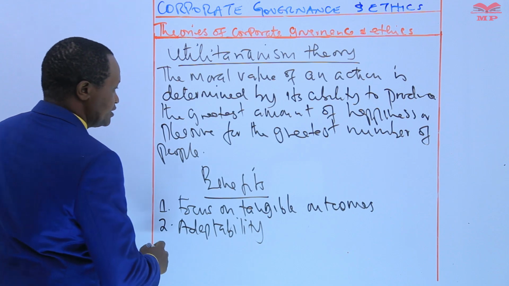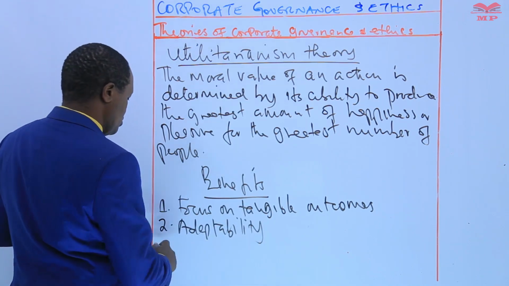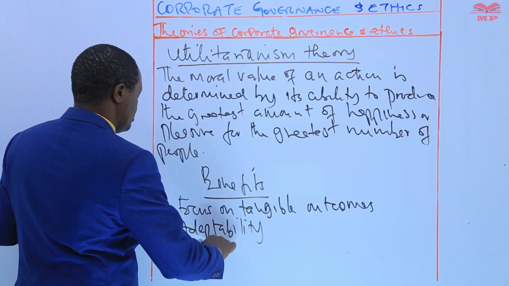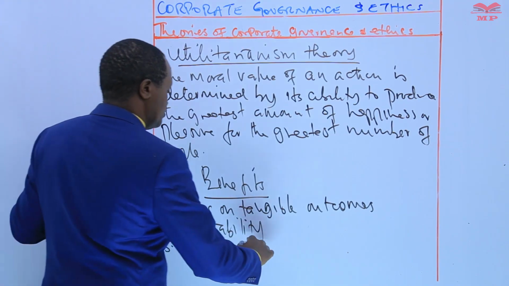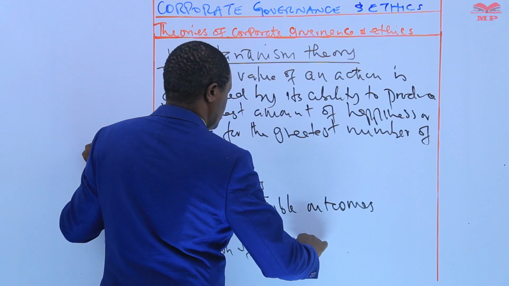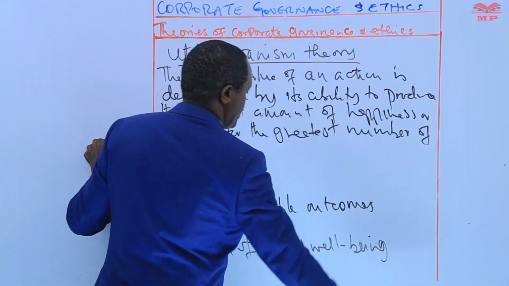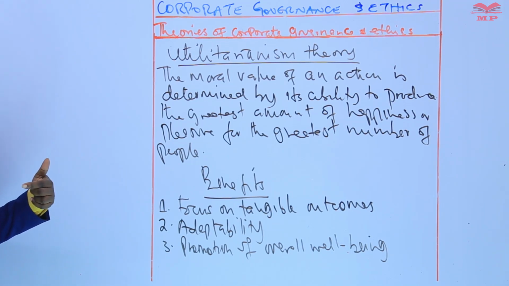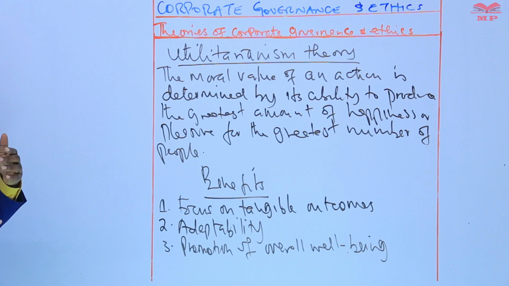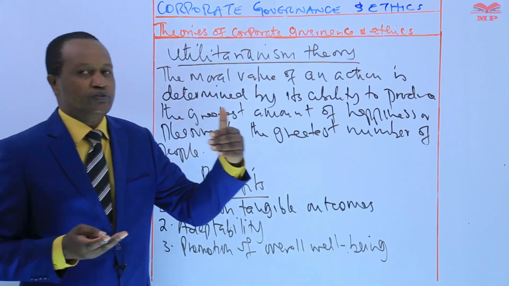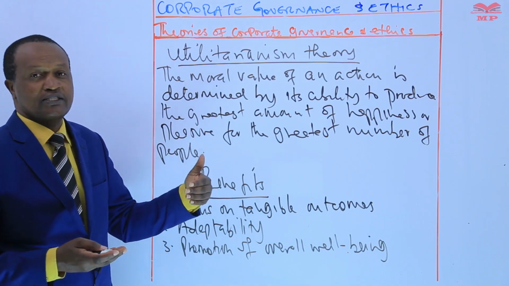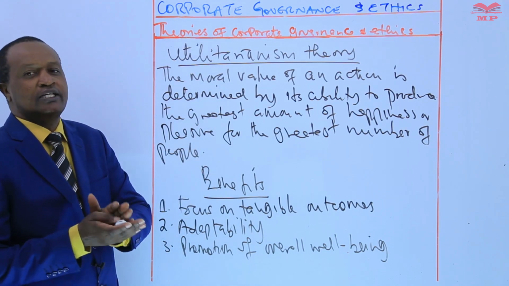Another benefit is its promotion of overall well-being. Now, by aiming to maximize the overall good, utilitarianism encourages decisions that benefit the majority of stakeholders, including employees, the suppliers, the shareholders, and so on.